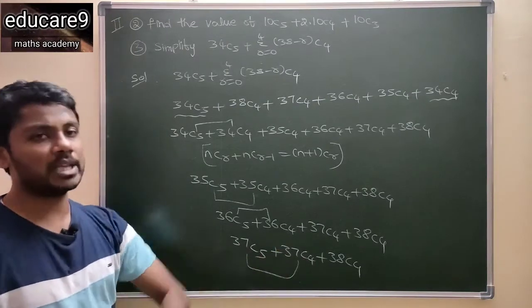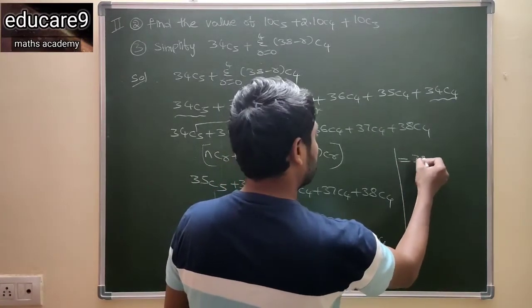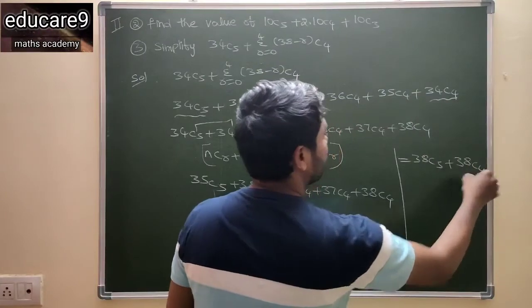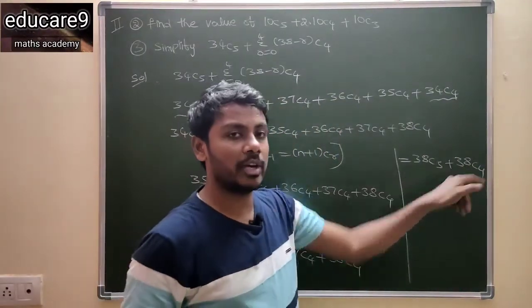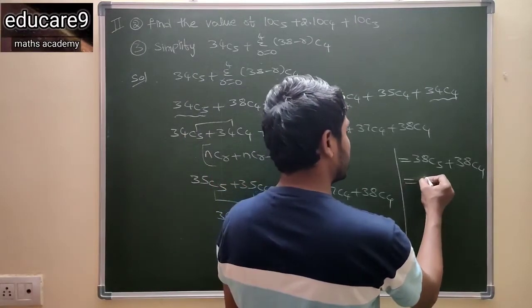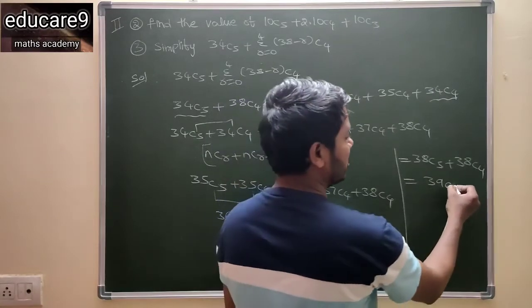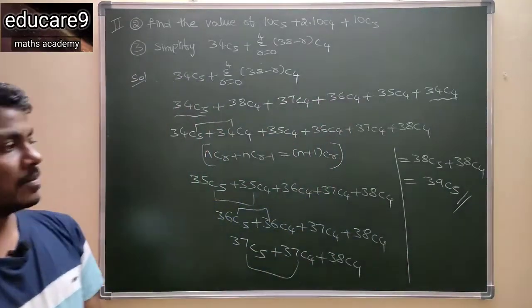This is what? (n plus 1)Cr. Simply that is 38C5 plus 38C4. Again apply the same formula, nCr plus nC(r minus 1). This is n plus 1, 38 plus 1 is 39Cr. That is 39C5. So this is the required value.